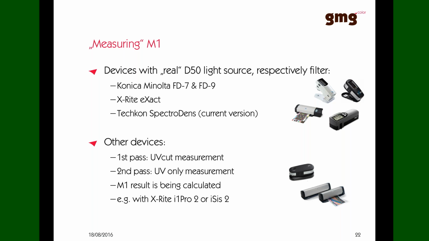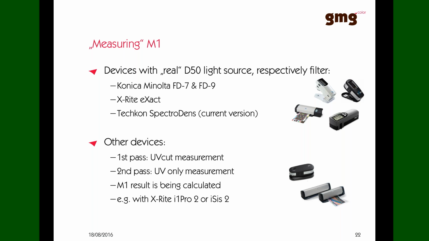UV and normal information. There are also other devices, for example the i1 Pro 2 or the iSys 2, and they have to measure twice over each row or twice over each patch, because in the first pass they are measuring only UV cut, so without UV content in the light source.